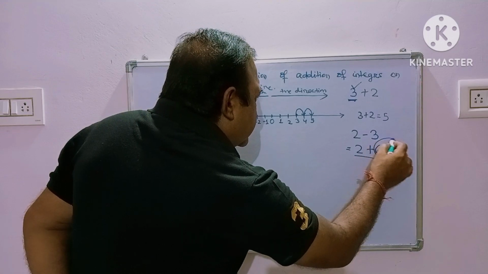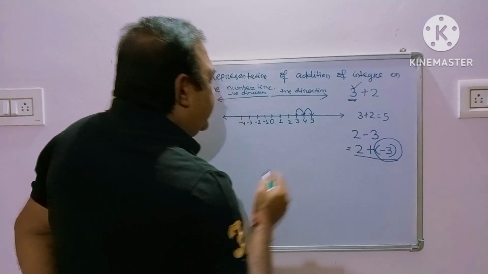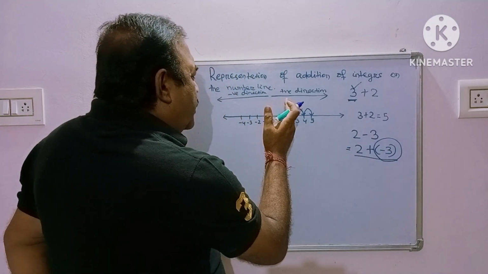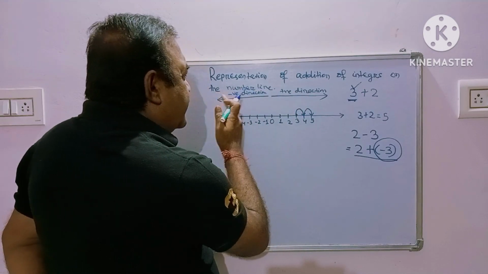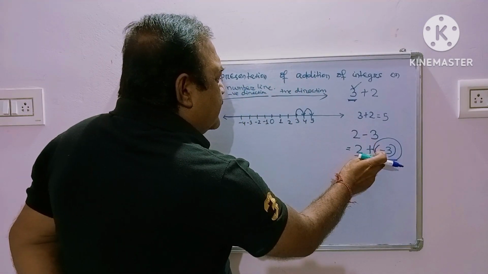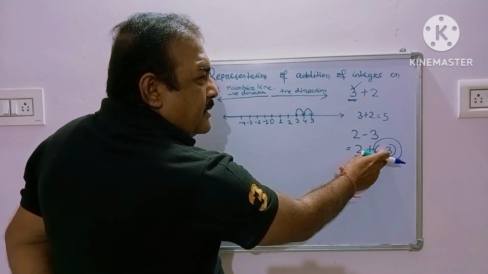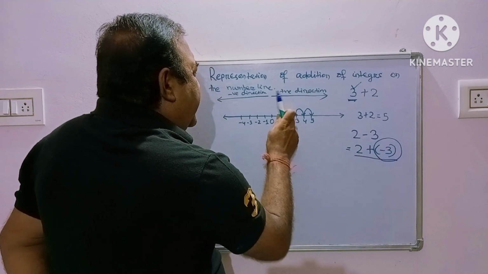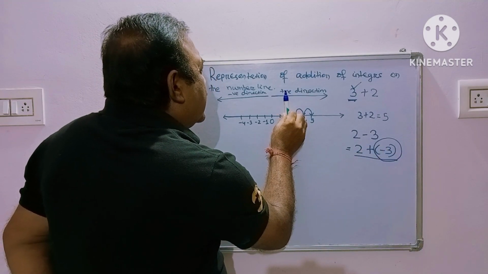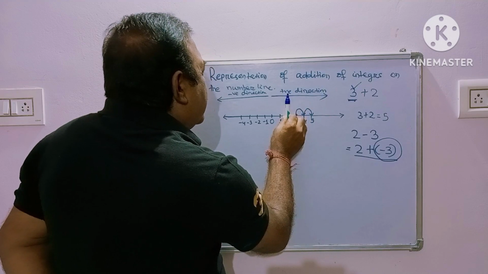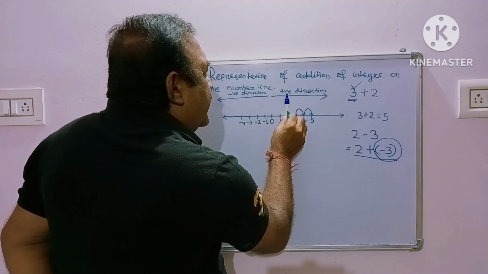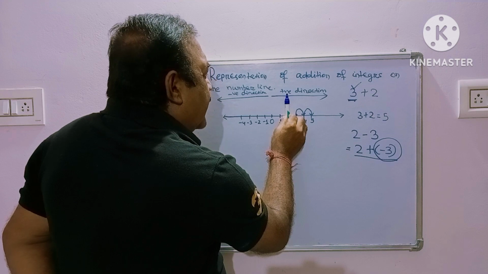Now I am looking at this, this is minus 3. So I will have to move towards the left, not towards the right, because it is a negative integer. I am adding a negative integer, so I will have to move.